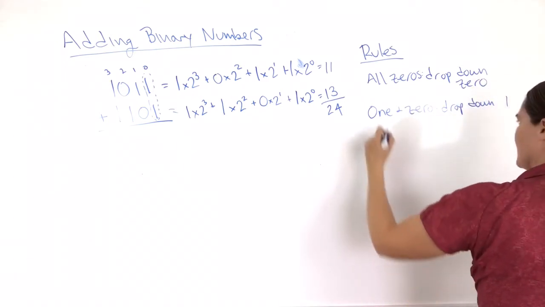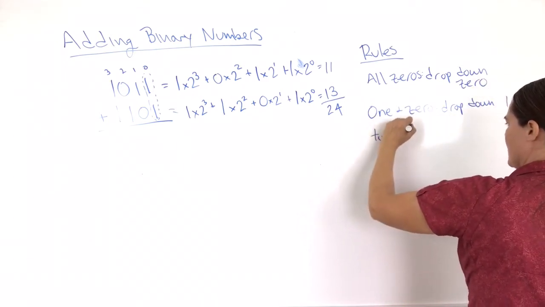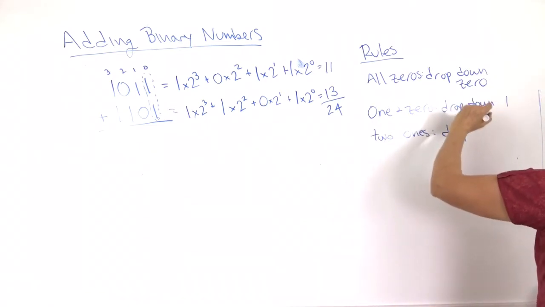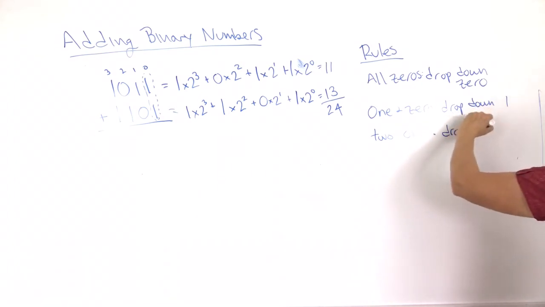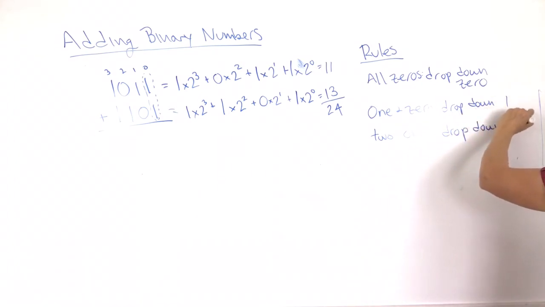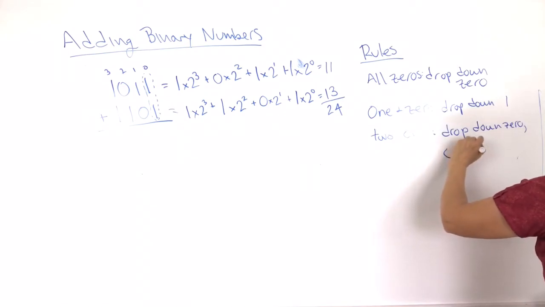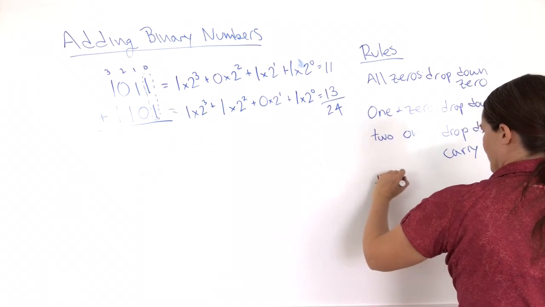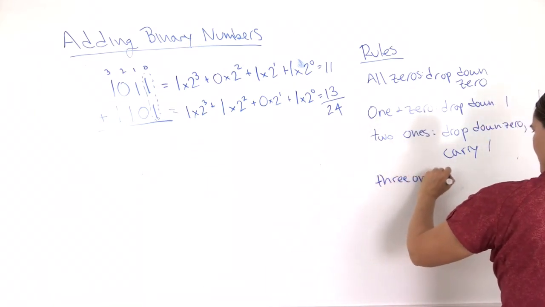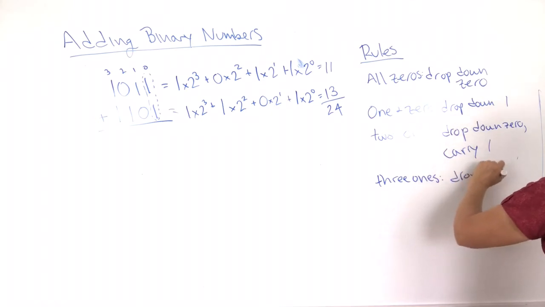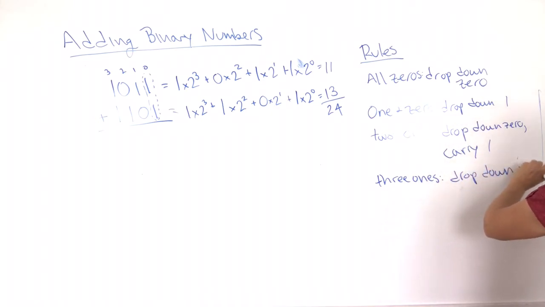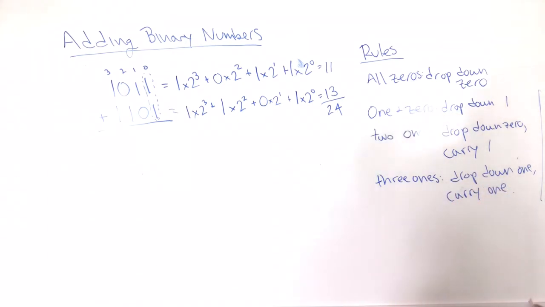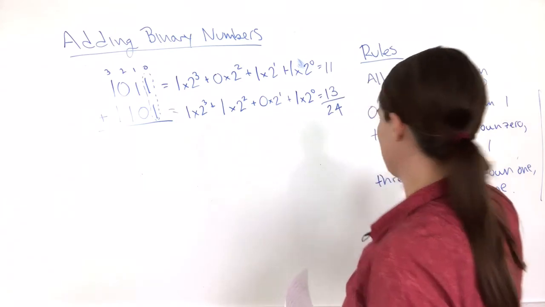If we have 2 1s, we drop down 0, and we carry a 1. And then if we have 3 1s, we drop down a 1, and we carry a 1. So let's go over to this problem and apply these rules.